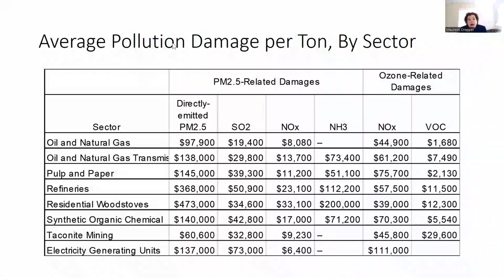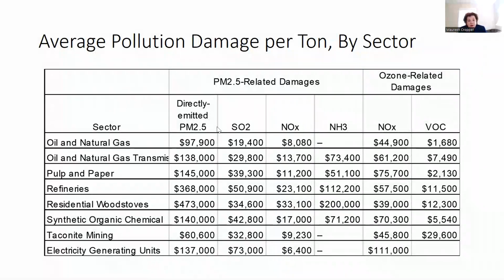So what is being shown here for each of these sectors, they actually, as I say, are over 20 of them. You're looking at the impact of either directly emitted fine particles or precursors of secondary particles, SO2, NOx, and ammonia, on PM 2.5 damages.